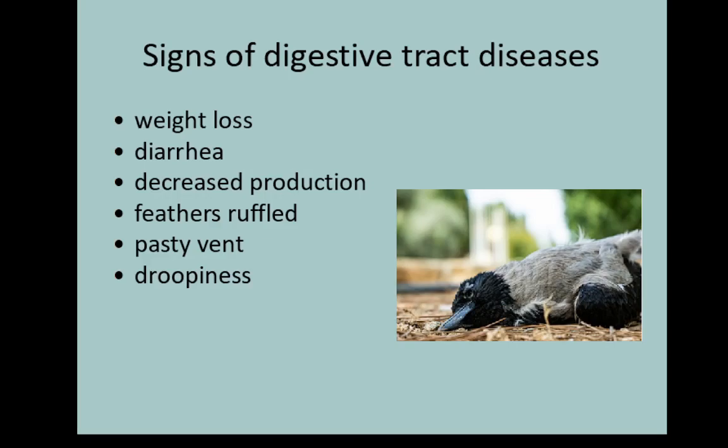If you see that the bird's feathers are ruffled or not their normal appearance, this is another sign. A pasty vent: vents should be clean and dry. If you see whitish material stuck to the vent, then it must mean that there is diarrhea going on. And droopiness or general weakness is another sign of digestive tract diseases.